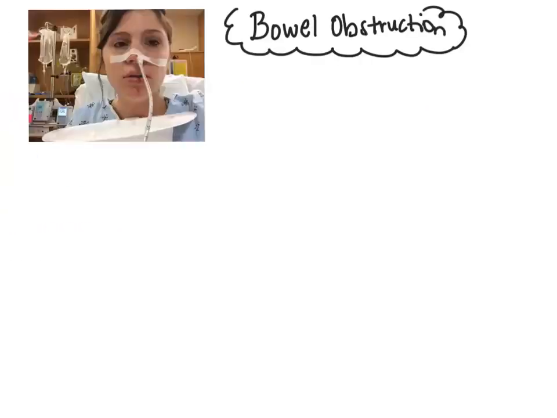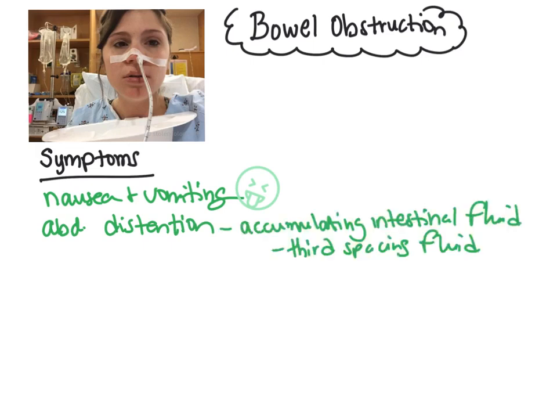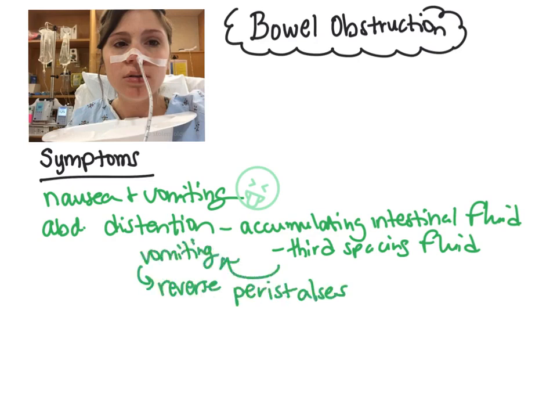Now let's move on to our signs and symptoms. The first one the patient will have is nausea and vomiting, and it'll either be green for bowel or brown for feces. They'll have abdominal distension, and that is from accumulating intestinal fluid, or third spacing fluid. The accumulation of that fluid leads to vomiting, and that is a result of reverse peristalsis.